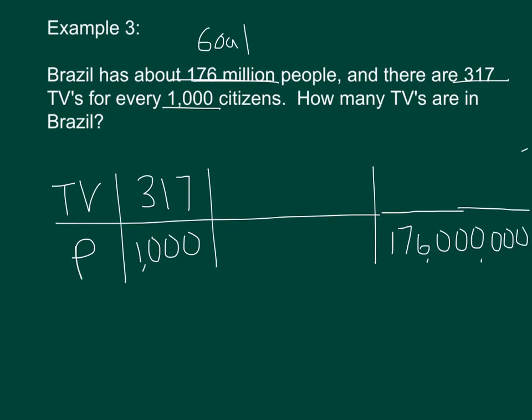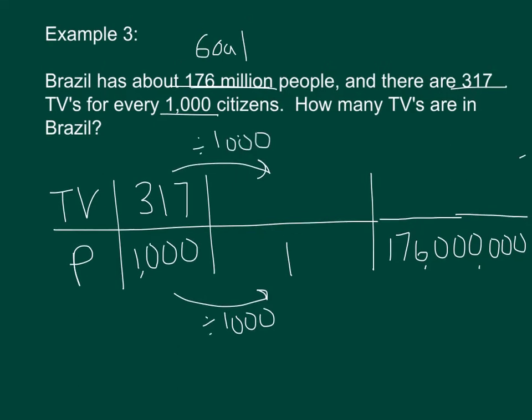I'm trying to get from 1,000 to this really ugly number. So my stopping point is always going to be 1. It's the easiest way to get there. So if I do 1,000 divided by 1,000, I'll get 1. And if I do 317 divided by 1,000, I'm going to get 0.317. But I still need to get an ugly number.